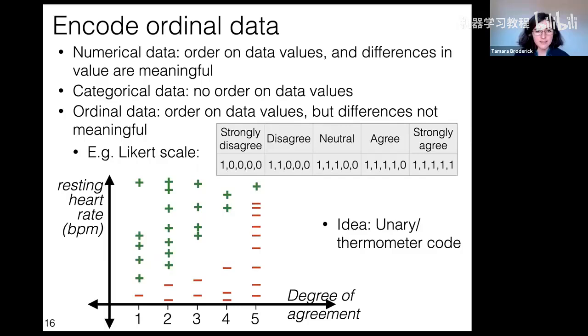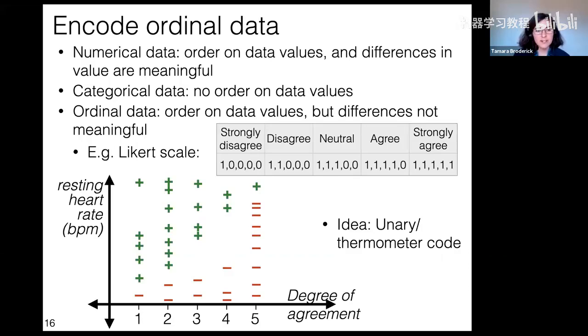Now, the idea here is that whenever I split, I can split in order, such that strongly disagree, disagree, and neutral are all together, and agree and strongly agree are together. Unlike categorical data, I don't just take out a particular item when I split. I do a split that is in order, but there's no implicit ordering on the data. If I do a split, it is just between those two adjacent elements.